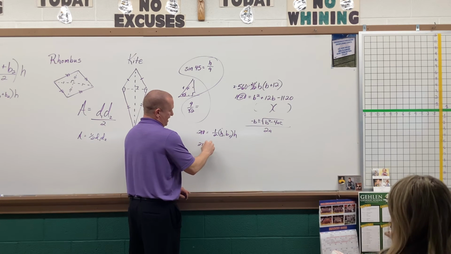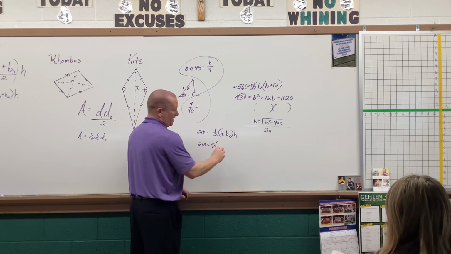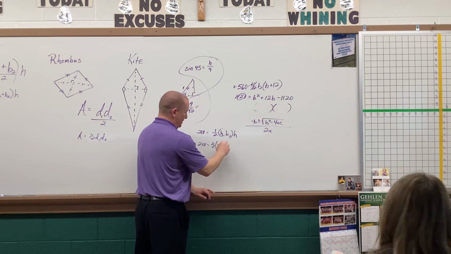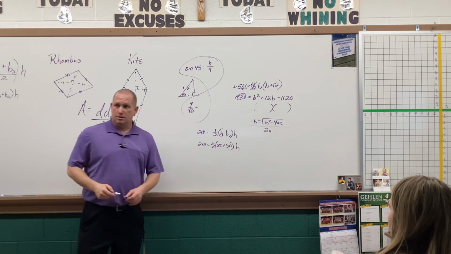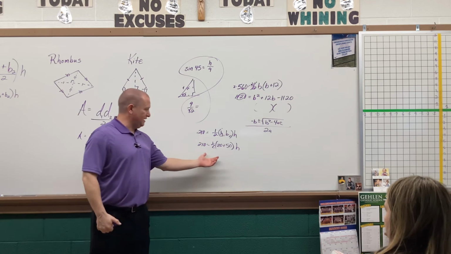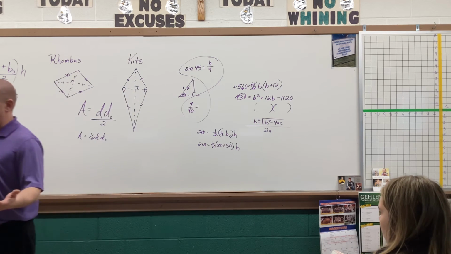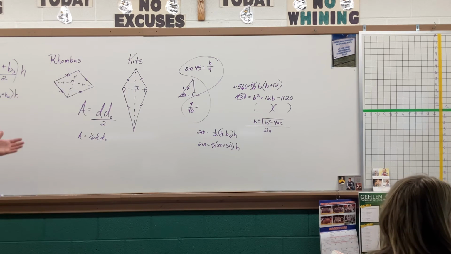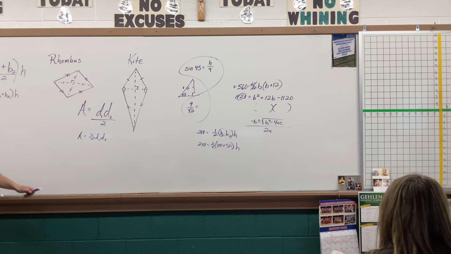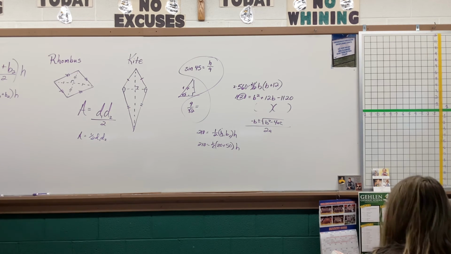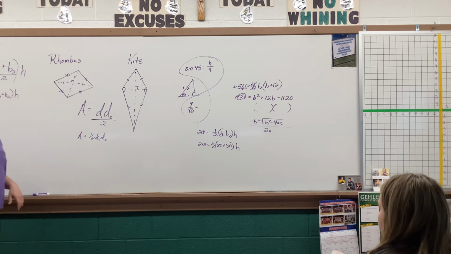So 210 is equal to 1/2 times, and then I have my 2 B's, but I'm looking for my H. So again, that helps me just so I can see what I'm actually going to do. Some of you try to do that in your head, and then you get lost sometimes. Okay? Because we know what's inside some of your heads, right?